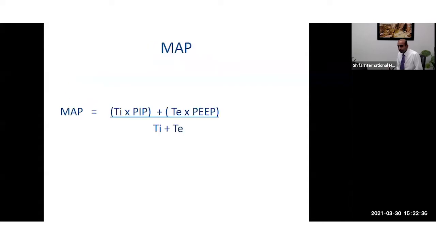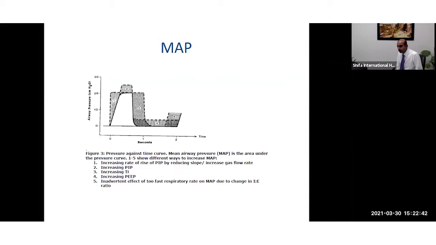It's a very complex formula which we don't need to remember, but on a diagrammatic basis, if you look at this diagram, the mean airway pressure is basically the area under the curve. You can see this black solid line, that's the peak inspiratory pressure. It goes up and down, and the area under the curve is our mean airway pressure.